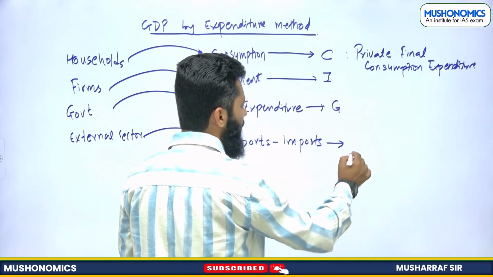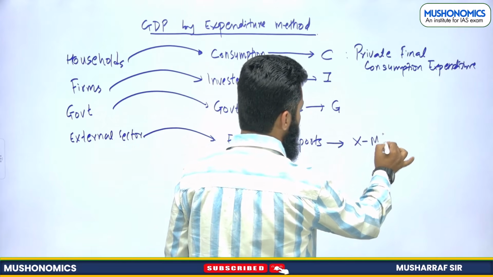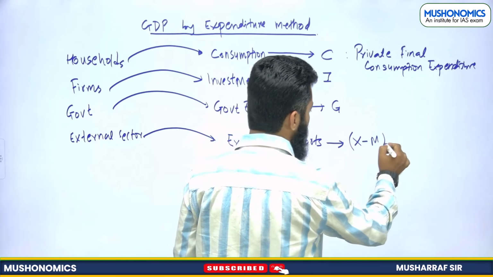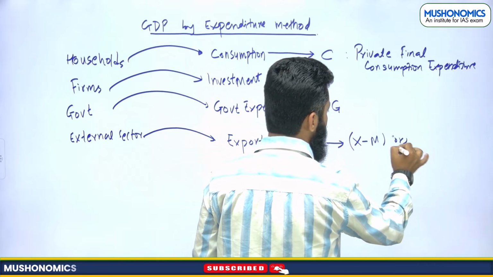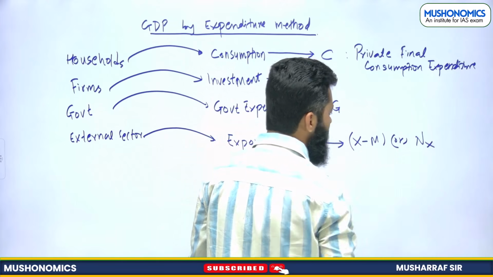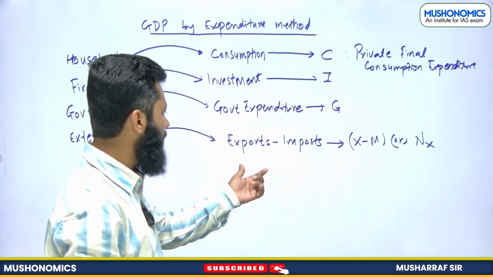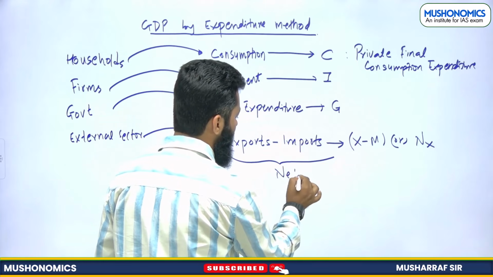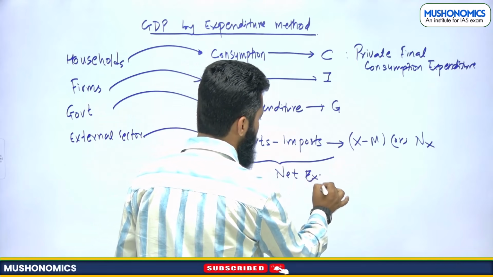This can be denoted by the expression X minus M, that is exports minus imports, or NX, meaning net exports.